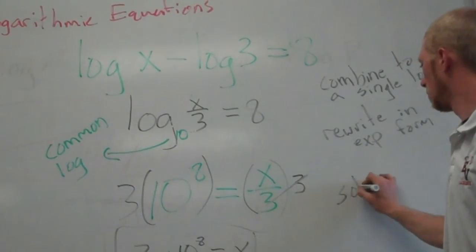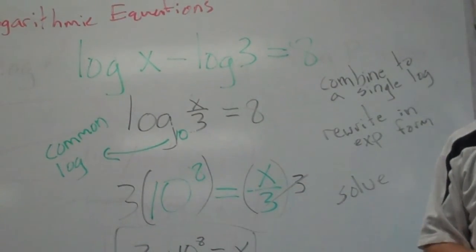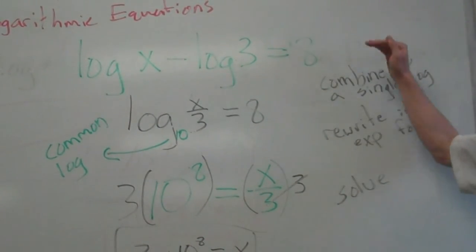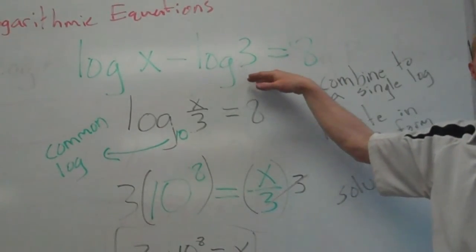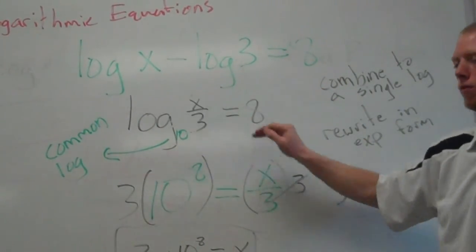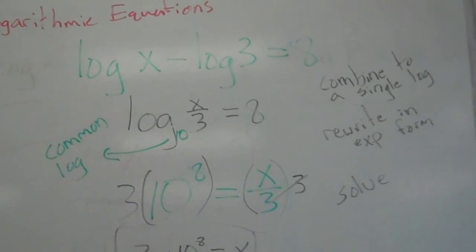And last, we want to solve. And those are the 4 types of problems you'll see on your homework tonight. Pretty simple, straightforward, except now we're just combining the properties of logarithms and rewriting in exponential and logarithmic form. That's it.